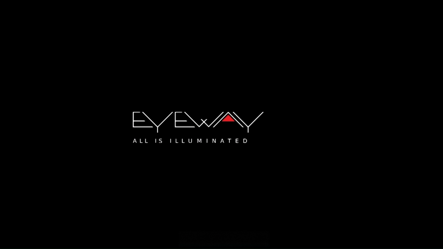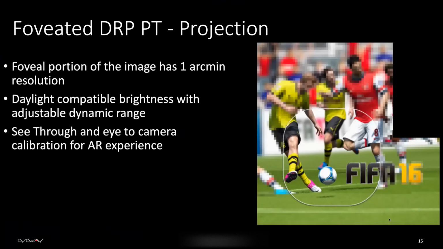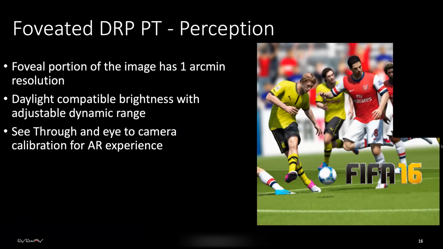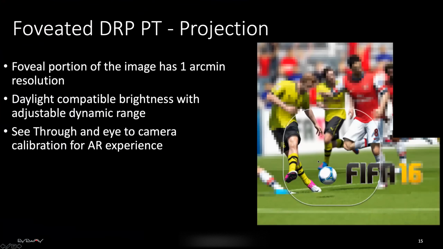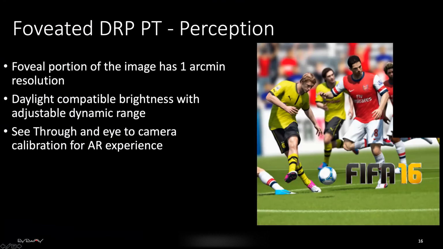Okay, so basically what we are doing is projecting an image that is high resolution where you look, low resolution in the periphery. However, because you fixate only where you look, what you can see is basically from this, it moves to this.